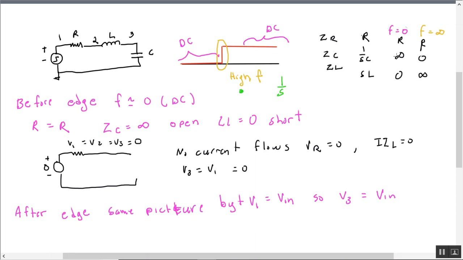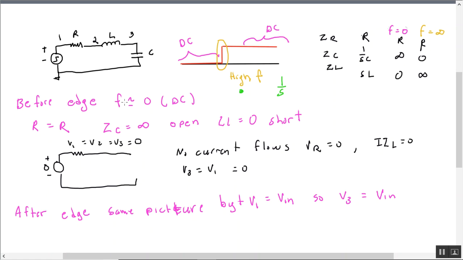For the capacitor, though, if f is 0, or effectively 0, the impedance goes to infinity. And when the frequency is very high, it goes to 0, or a short. And the inductor is backwards. At 0, it acts like a short, and at high frequencies, it's infinity.